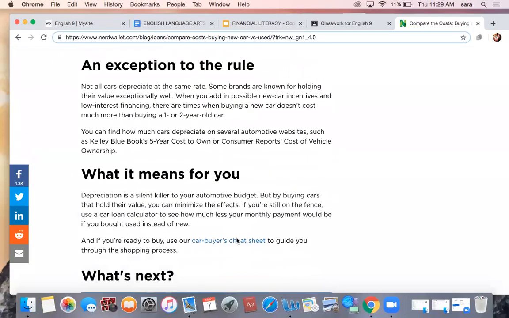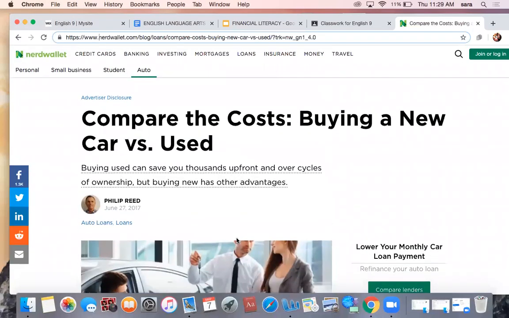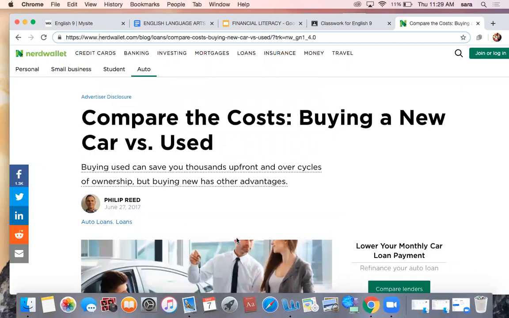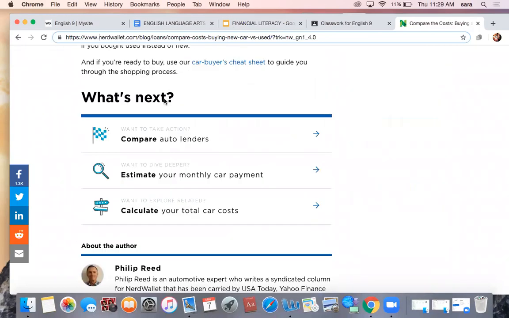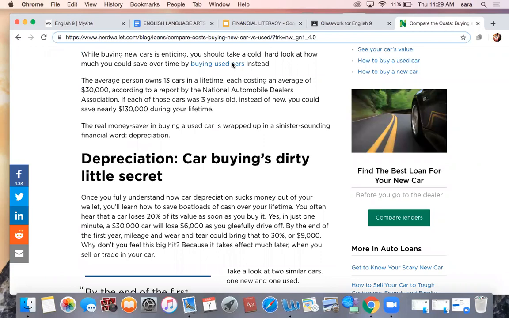Again, remember, APR is interest. Interest is money added just by having the car or just by taking the money. Like you pay the bank for letting you borrow money. That's what interest is. Okay, so you're going to do the reading. You're going to grab at least two quotes, which is not that hard.